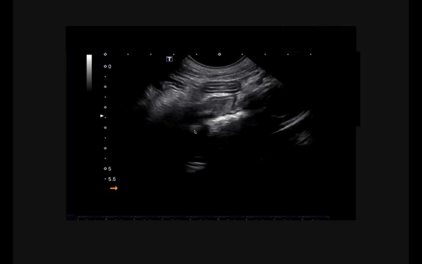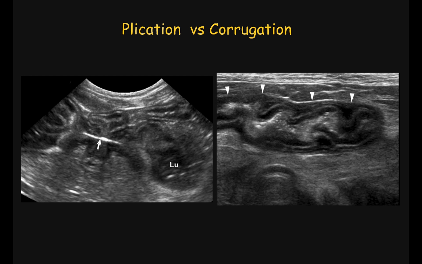But plication secondary to a linear foreign body should not be confused with corrugation. With plication, the scrunchy-like intestinal folds are actually folding on themselves, while corrugation appears as more of a symmetrical undulation, preserving the straight course of the serosa.